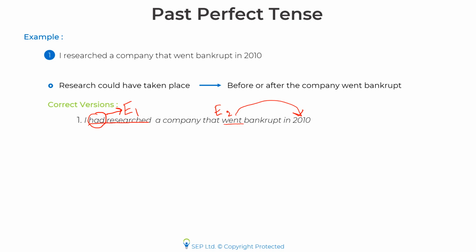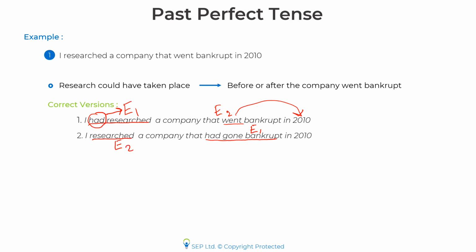We could also write the same sentence in a different way to convey a different meaning. If the company had already gone bankrupt before I did the research, in that case, I will use the past perfect with bankrupt. In that case, the bankruptcy becomes the first event and research takes place after that.